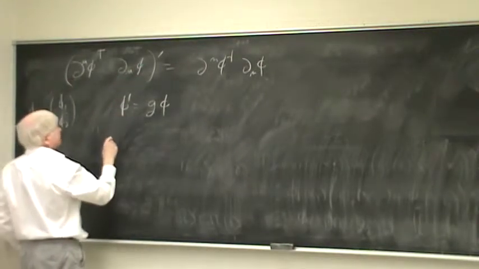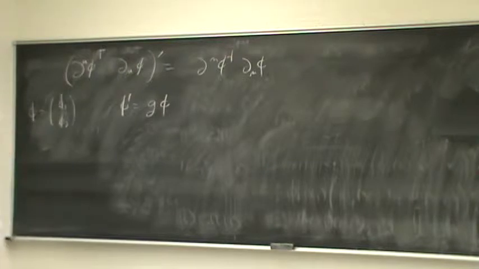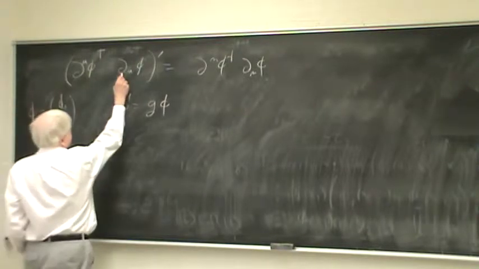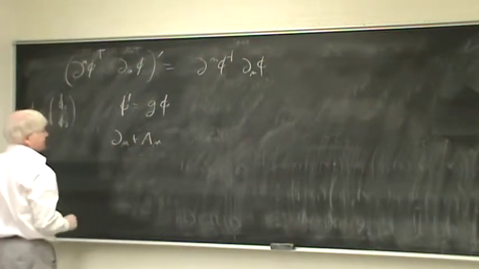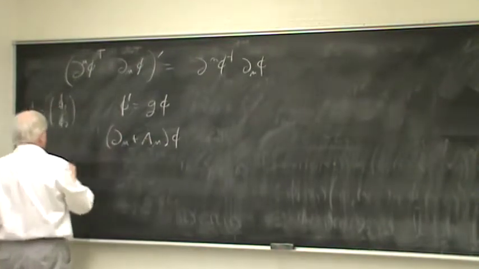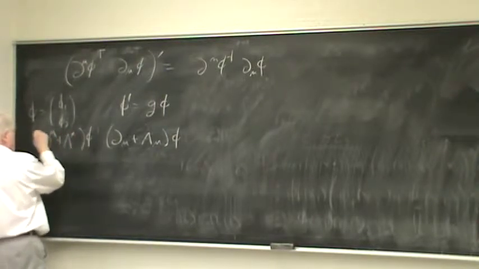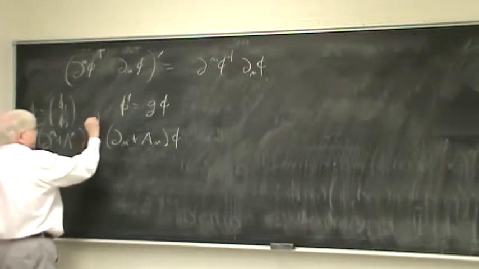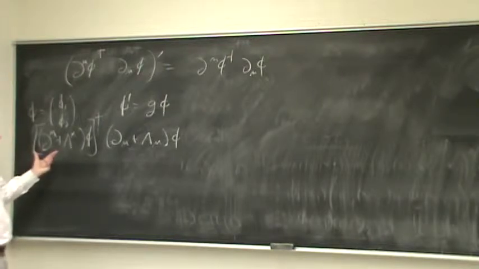But what people realized back in the 20s, when they were first understanding quantum mechanics and applying it to electrons, is that if you change this to a covariant derivative, d mu plus a mu, and take this whole thing and dagger it, then you can have something that is invariant.